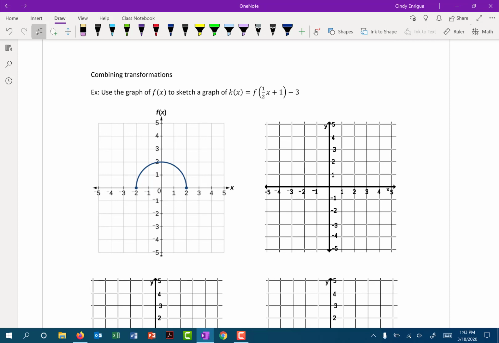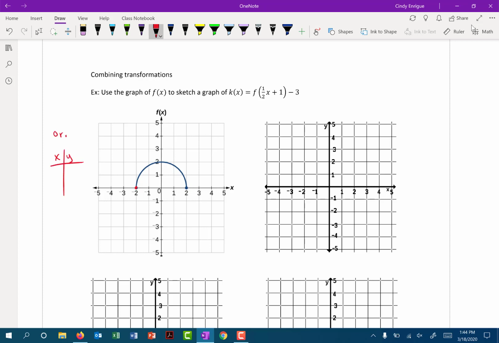So here we're going to be combining transformations. So we have my original function. We don't know exactly what it is, but it's telling us to transform them in such a way. So, okay, the first thing I want to do is get some essential points here.